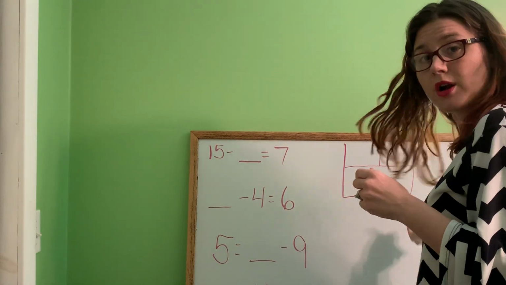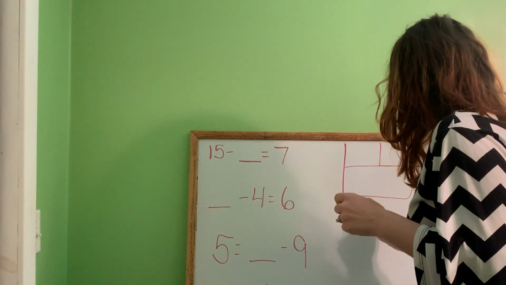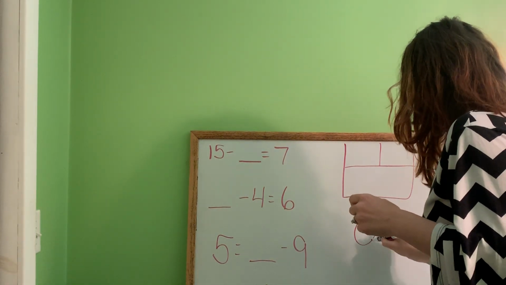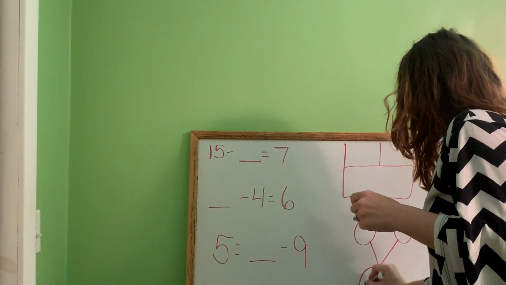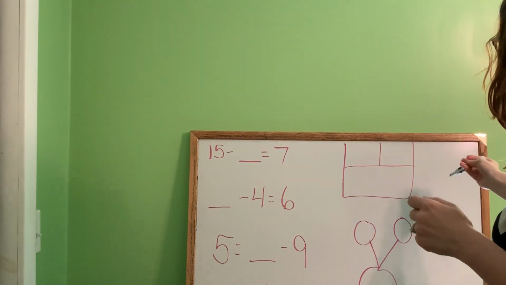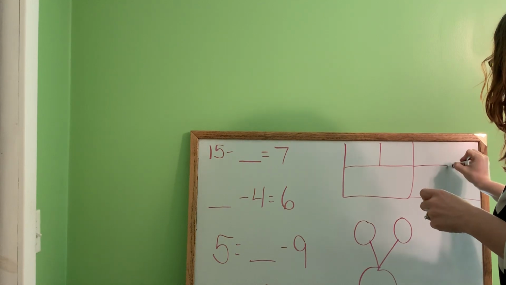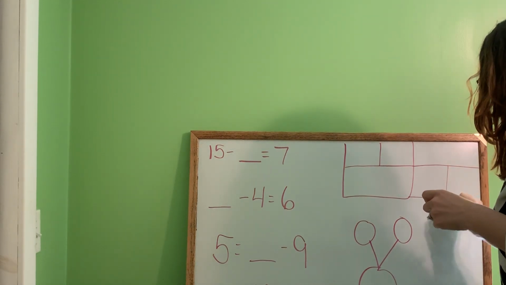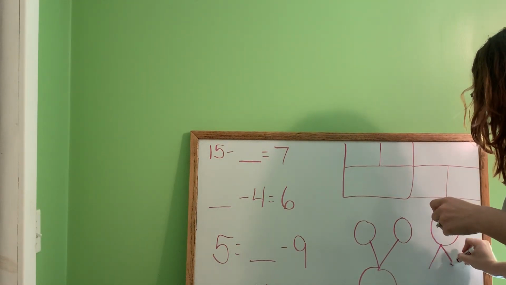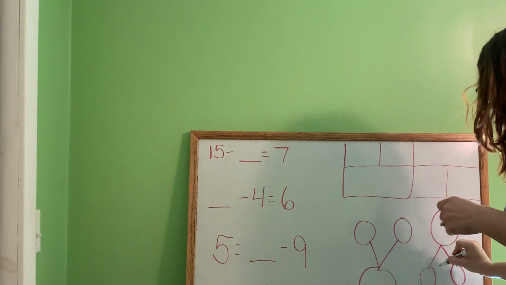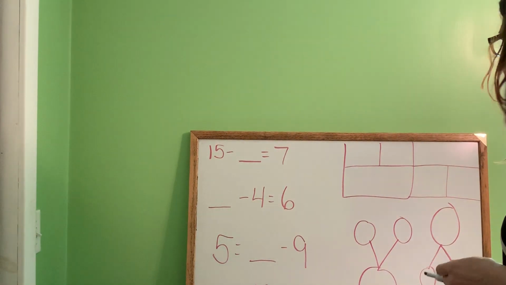We're going to use a part-part-whole box and a number bond. Sometimes you will see these flip-flopped, like you may see the bigger box up here, or you may see this reversed. Really, kids should understand that either way.